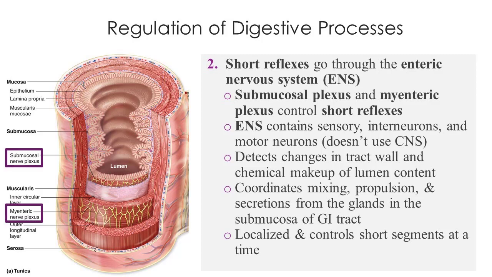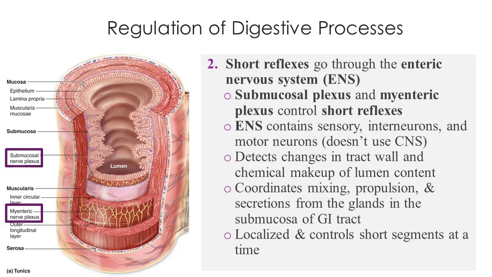So in this case, enteric refers to your digestive system pathways. And in this case, a reflex. So these two plexes, the enteric nervous system, you're going to have sensory, interneurons, motor neurons.